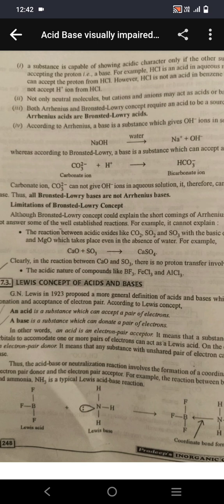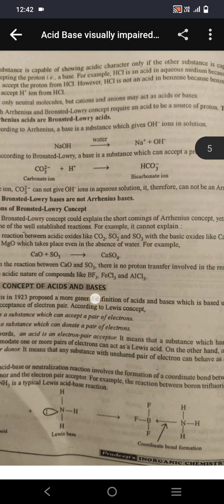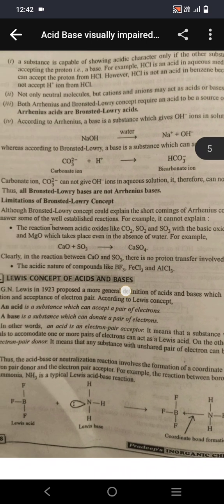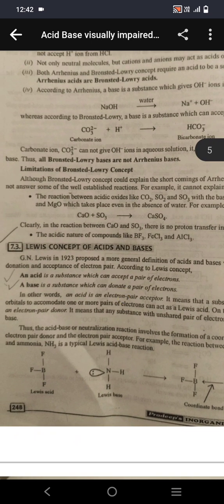For example, CaO + SO3 goes to CaSO4. Clearly, in the reaction between CaO and SO3, there is no proton transfer involved. Nor can it explain the acid nature of compounds like BF3, FeCl3, AlCl3.